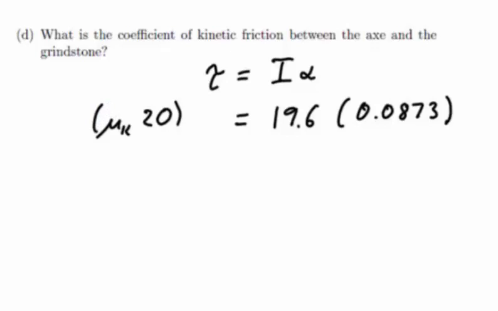In order to convert a force into a torque, we need to take force times radius. And since the radius of the grindstone is 0.7 meters, this expression is now the torque due to the frictional force. As you'll notice, there's only one unknown in this expression, and so we can solve directly for the coefficient of kinetic friction between the axe and the grindstone, and the result is 0.122. And as always, coefficients of friction are unitless.